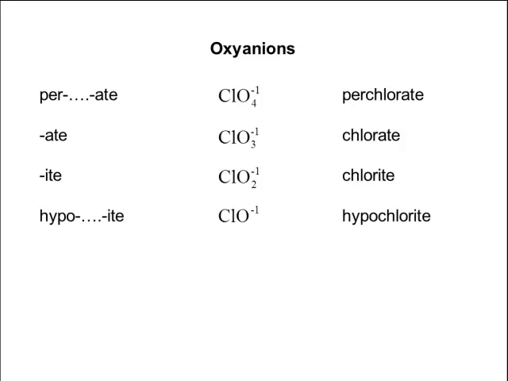So learn how to use these rules. These particular rules also are going to apply to all the halogens. Chlorine's a halogen, so if I were to replace all those chlorines with, let's say, a bromine, I'd get the perbromate, the bromate, the bromite, and the hypobromite, and that'd work with the iodine as well.